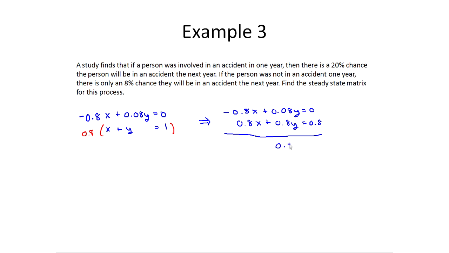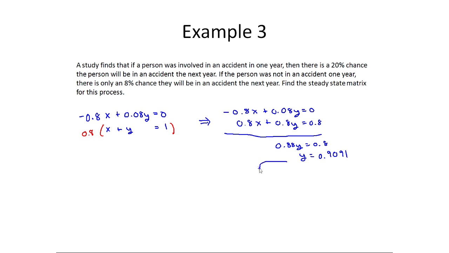So I got 0.88y equals 0.8. So y is going to be 0.8 divided by 0.88, which is a repeating decimal, so I'll just write down part of it. It's 0.9091, I'll round a little bit. All right, and so then what is x? Well, remember, x plus y has to equal 1.